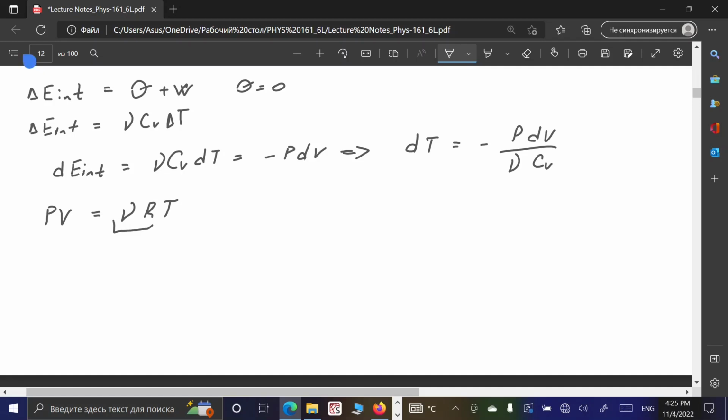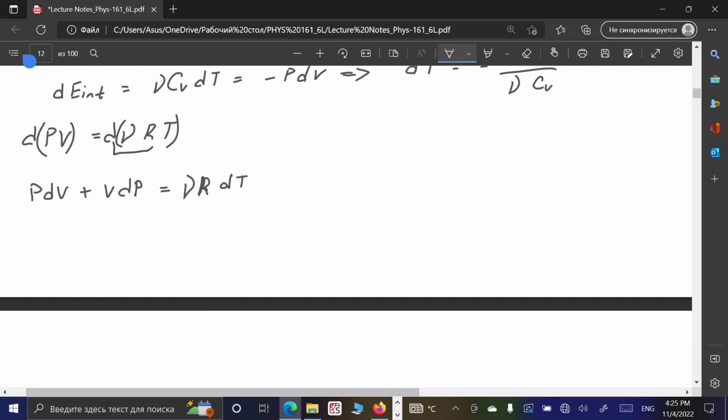Nu and R are constants. We don't change the amount of moles, and R is constant by definition. So if we consider d(PV) and d(nuRT), we get the following. It is like taking the derivative of a product of two functions, so it will be P times dV plus V times dP, and that will be equal to nu times R, because they are constants, we just factor them out from the differential, and here will be dT.